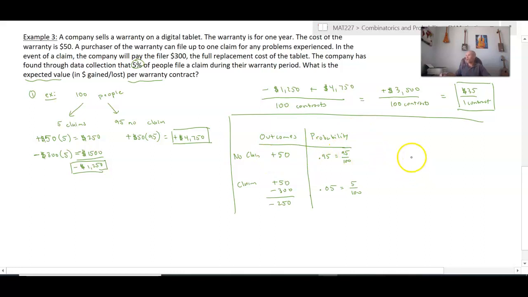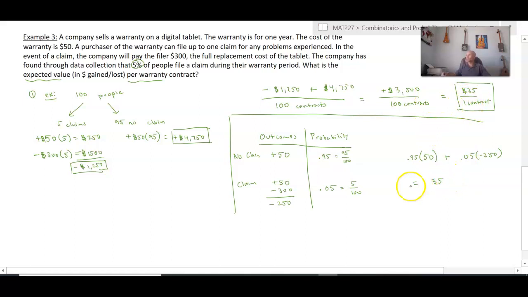Okay, so my outcome of 50 occurs 95% of the time. So 0.95 or 95 100ths times 50 plus 0.05 times negative 250. And lo and behold, this comes out to 35, which is exactly the same value we came up with over here.